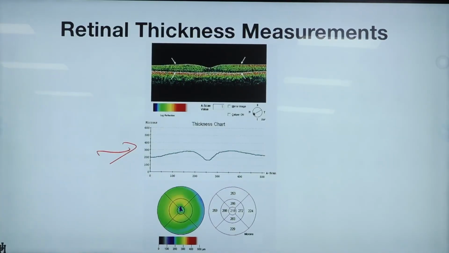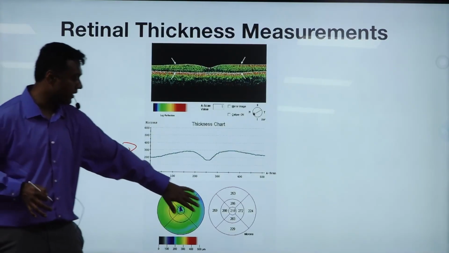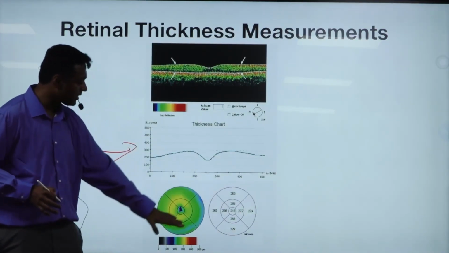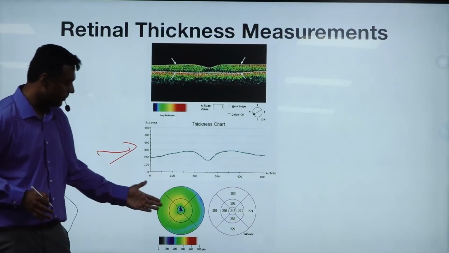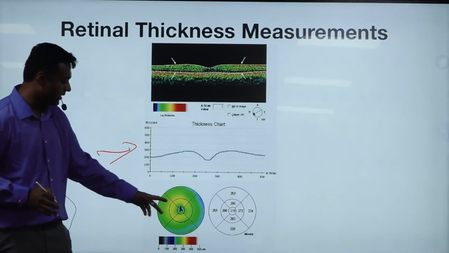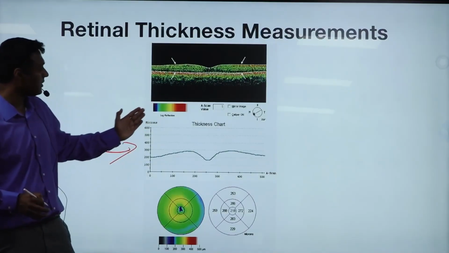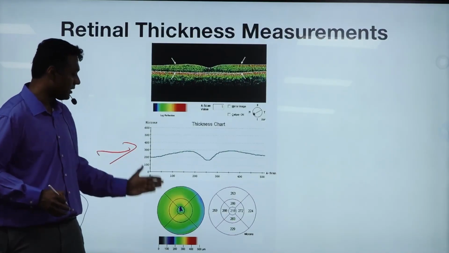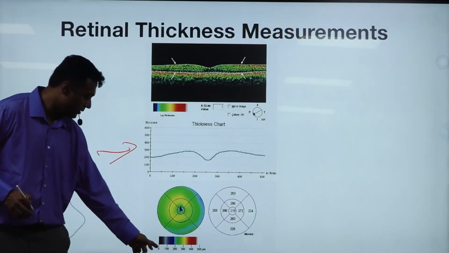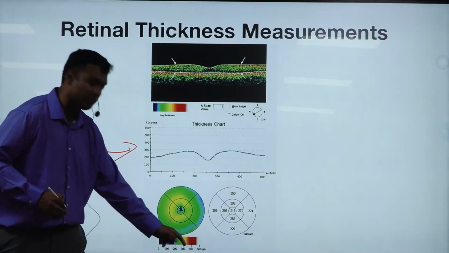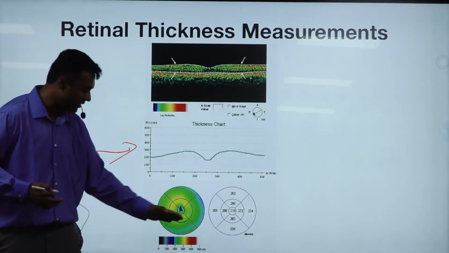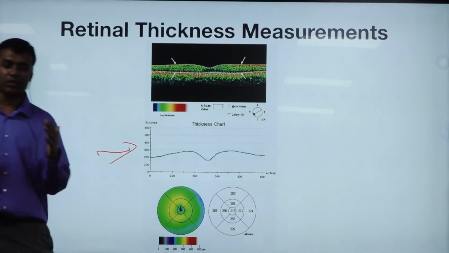If it is a normal eye, you have some range of values for these thicknesses, or you can look at this color chart. You can convert this into colors. Black is zero thickness and 500 is maximum thickness. Red is maximum thickness. So different colors correspond to different thicknesses.